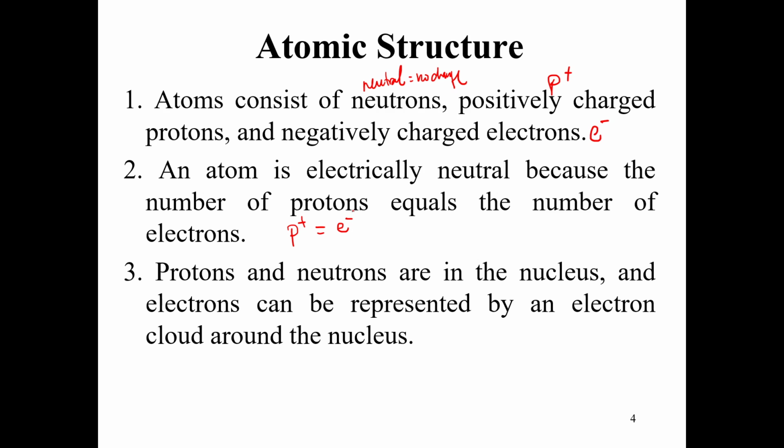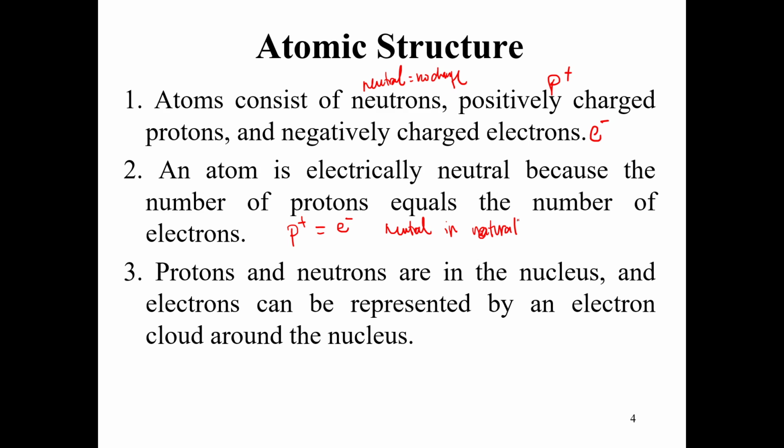Therefore, the whole atom is neutral in nature. If they are not neutral in nature, it is called an ion. If there is an imbalance of protons and electrons, it can be positively charged or negatively charged.